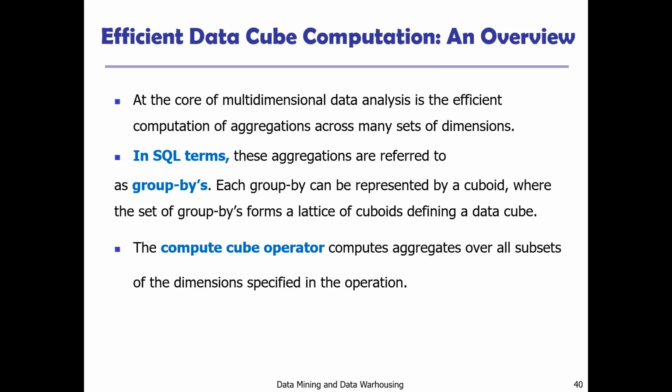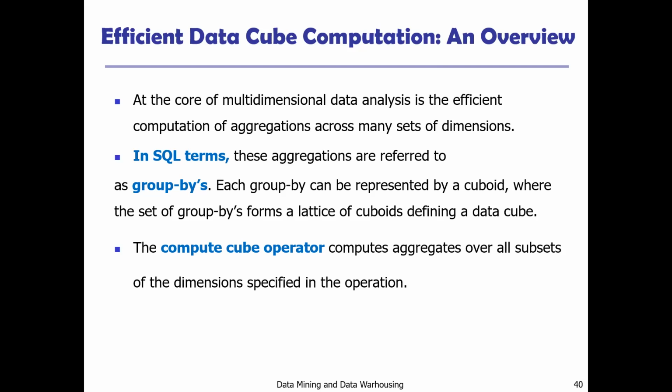We continue with the efficient data cube computation, and here we're talking about the SQL aggregation functions. If we think of a multi-dimensional analysis of data, we're actually thinking of aggregation functions: sum, average, count, etc. This means that we can also have some group bys.